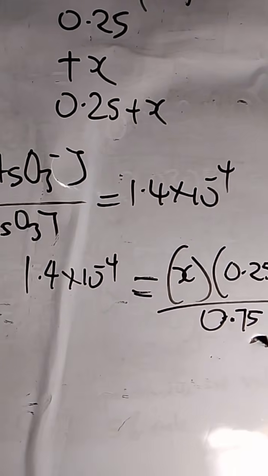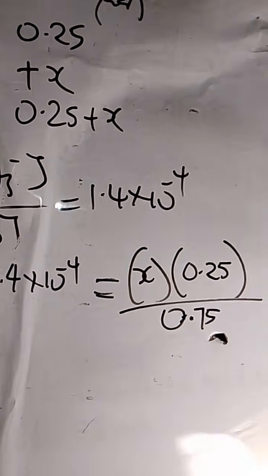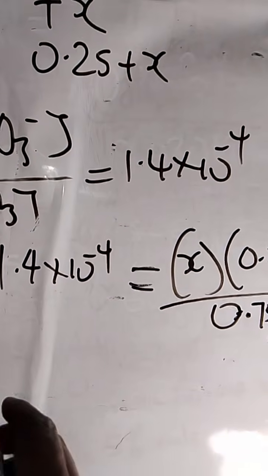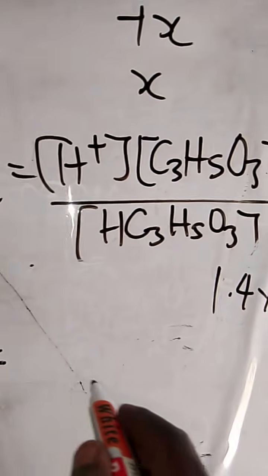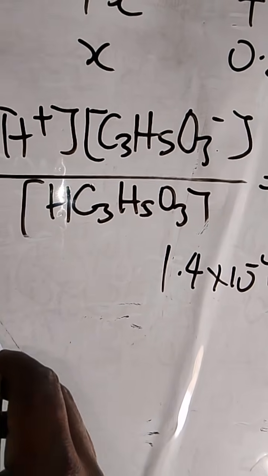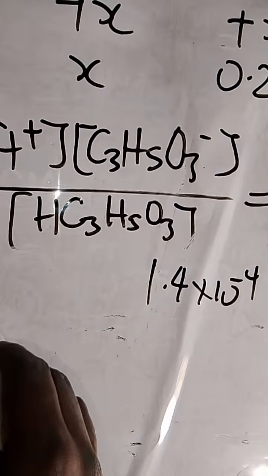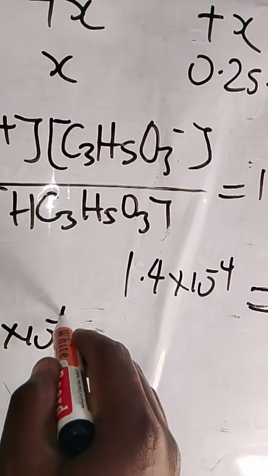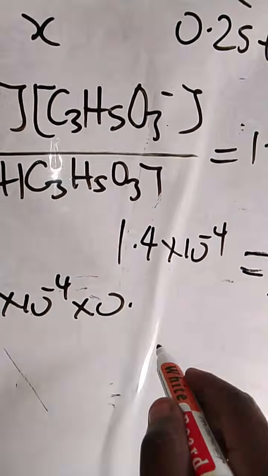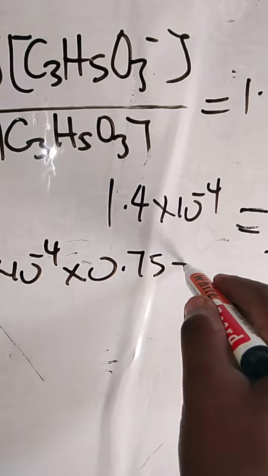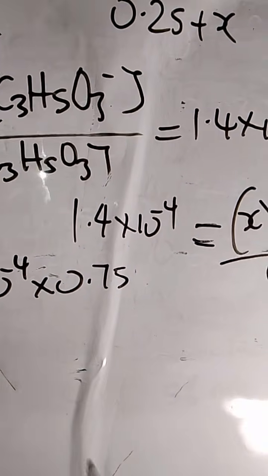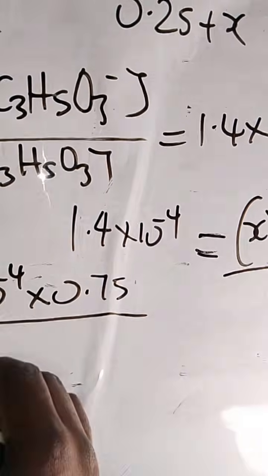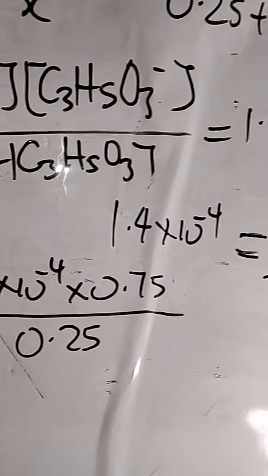This is the equation. To find X, X is equal to 1.4 times 10 to the power negative 4 times 0.75, which is 0.075, then over 0.25.